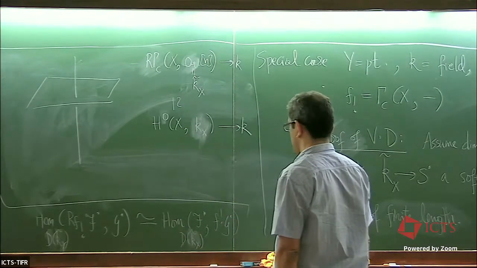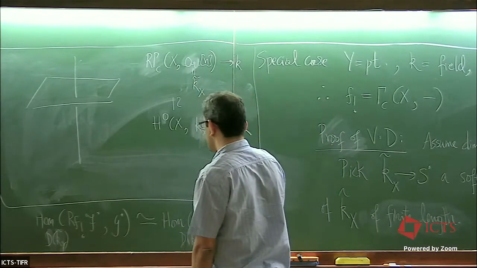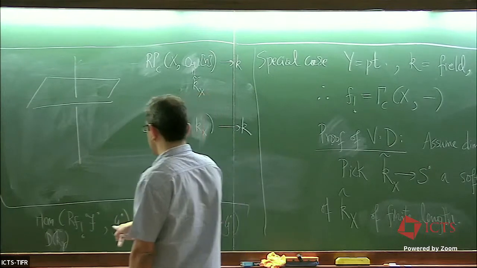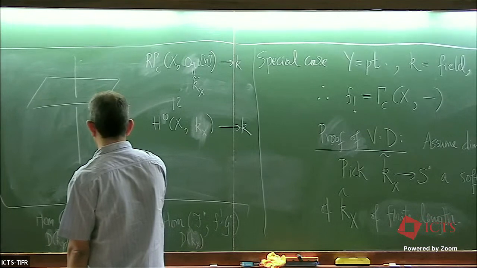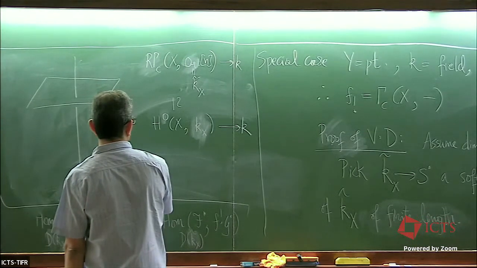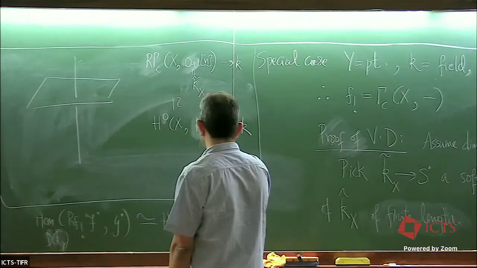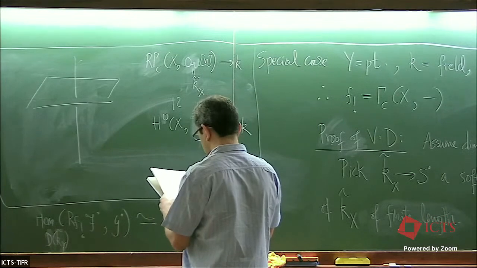But with the orientation, you put it here, and you put K_x here. Then this will give you Rf lower shriek K. No, this should be K. Something has gone wrong.